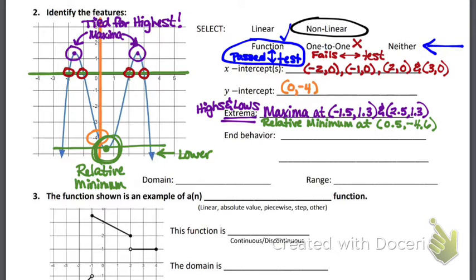End behavior. 2 lines here because we always write 2 math sentences, and they always start the same way. It starts with as, x, and then an arrow. My other sentence, same thing, as, x, and then an arrow. Because one sentence is going to tell me about the left side, and one sentence is going to tell me about the right side.